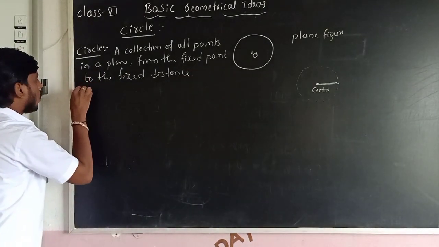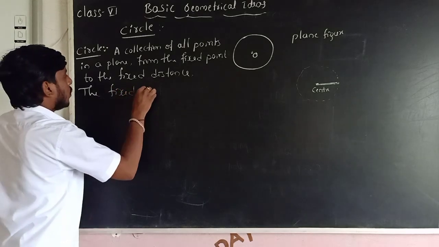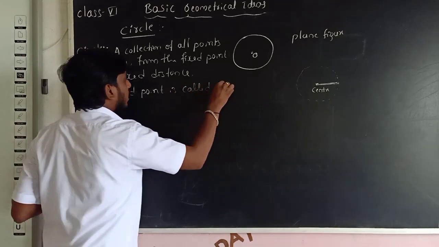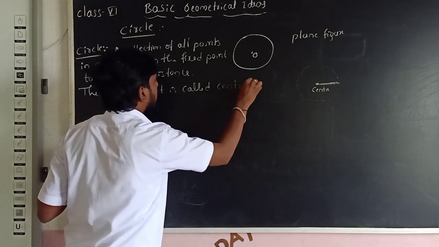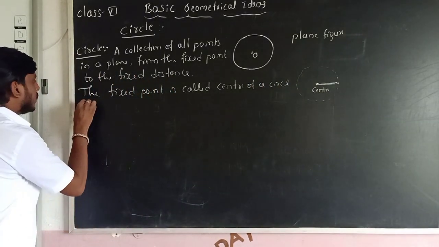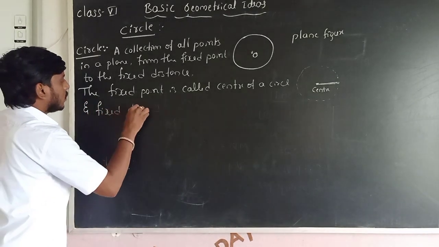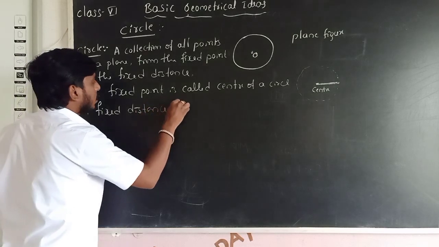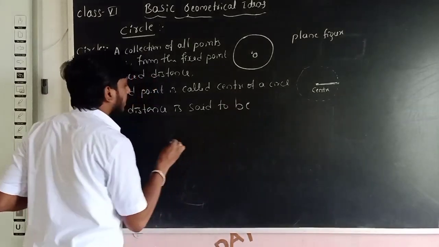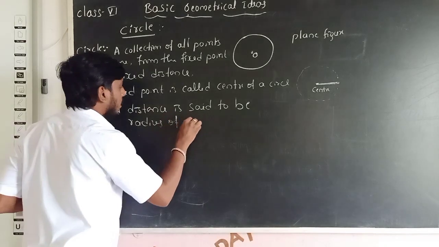The fixed point is called the center of a circle, and the fixed distance is said to be the radius of a circle.